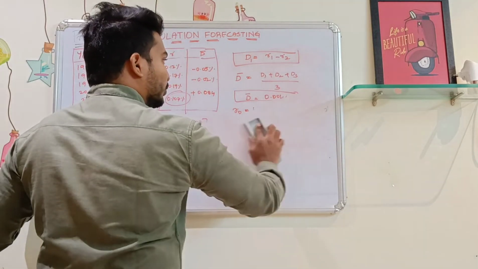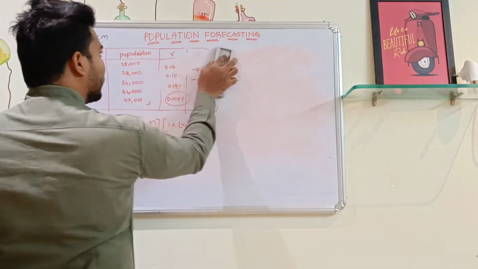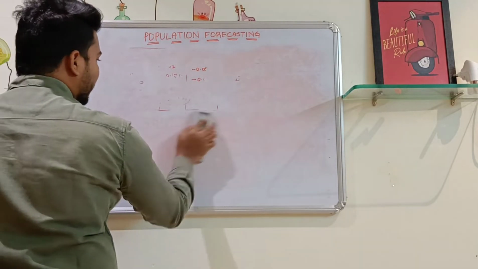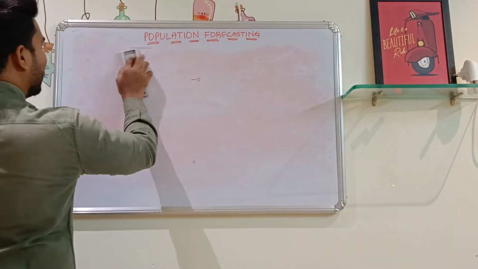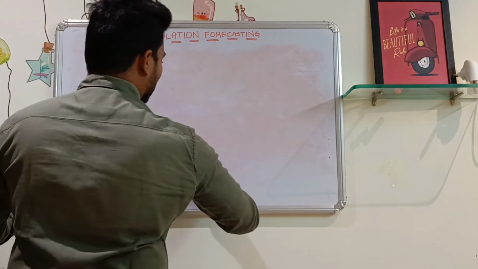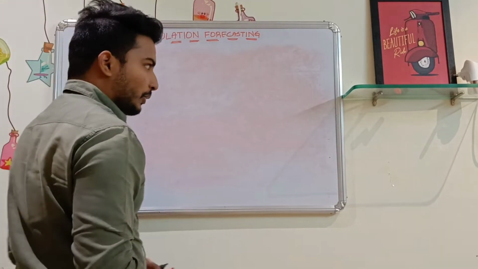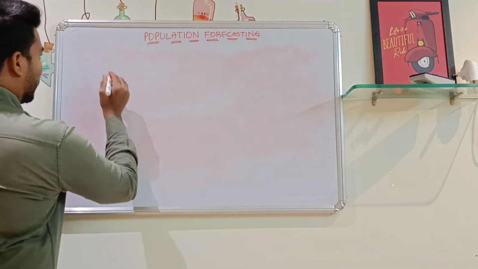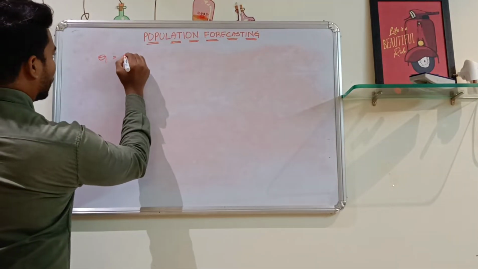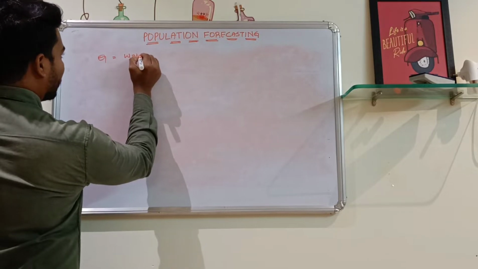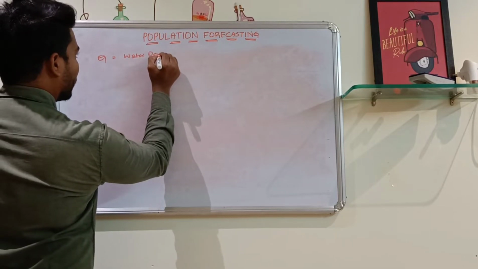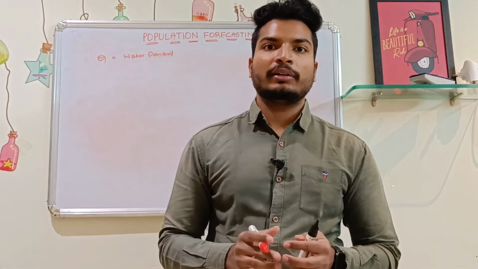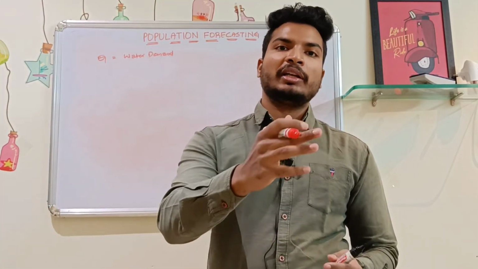Okay, so we have calculated the population forecasting now. What will we do with this population forecasting? How will we estimate water demand? Q is water demand. For the particular city, I have calculated the population.